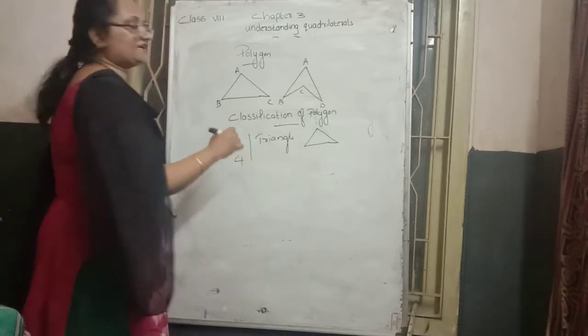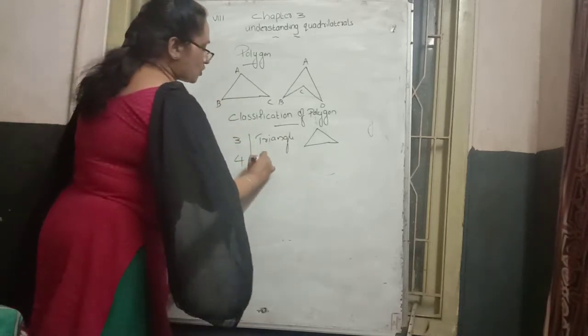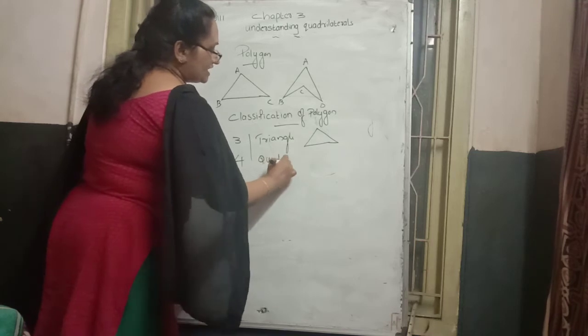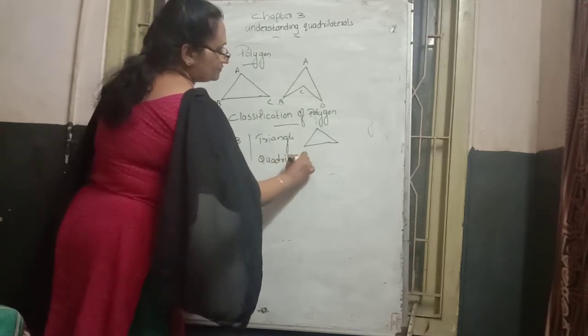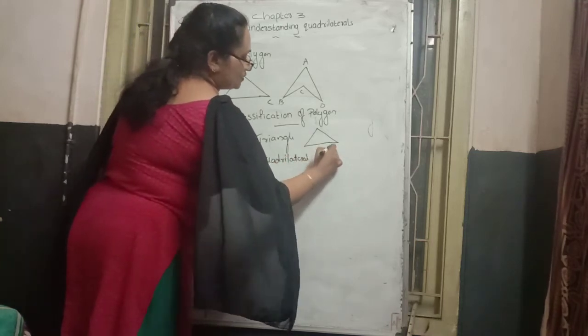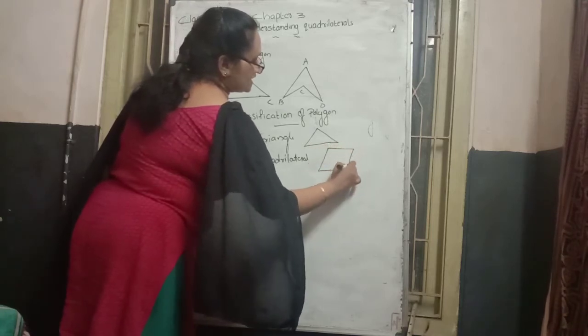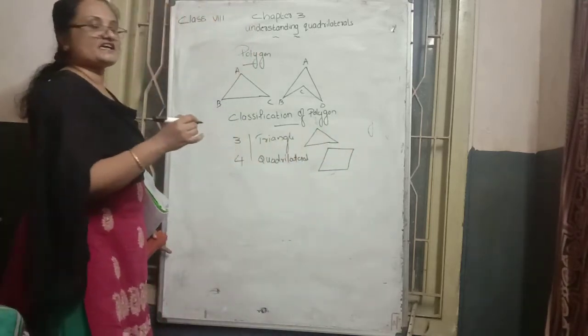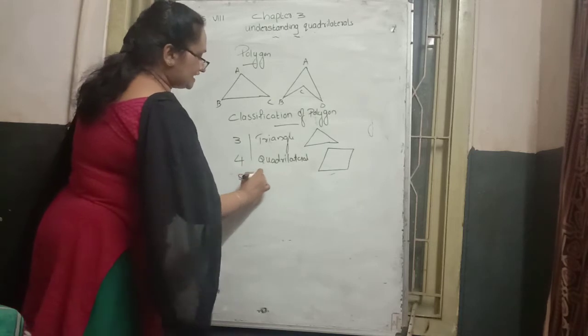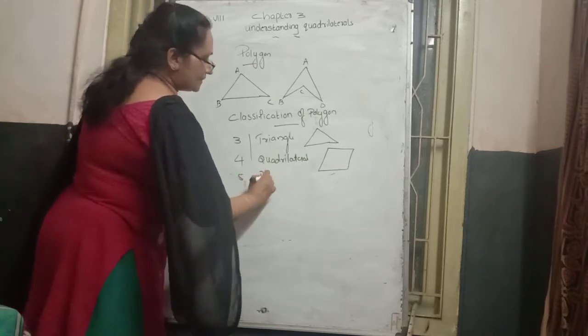Next, a four-sided figure we call a quadrilateral. Any quadrilateral has four sides, all joined by straight lines. Next, a five-sided figure we call a pentagon.